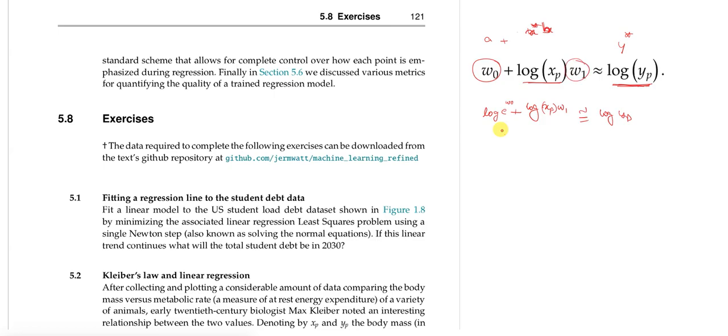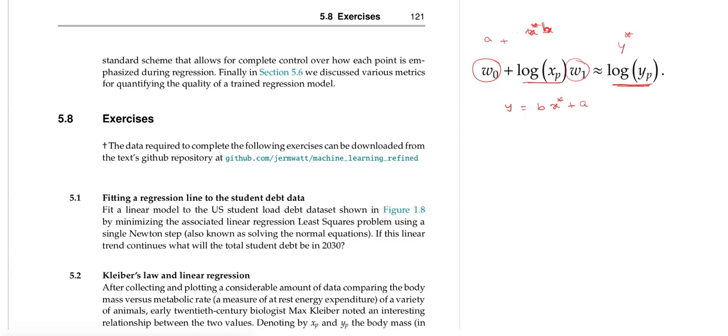So the normal equations I can write here, to avoid confusion, y star equals b times x star plus a.